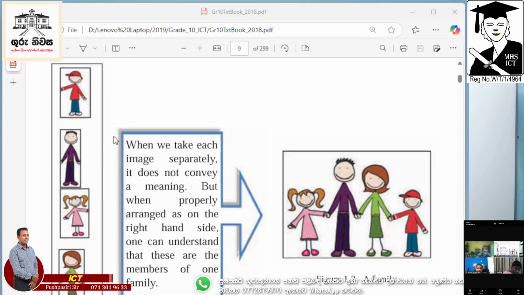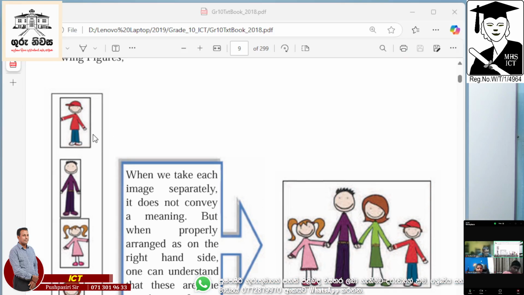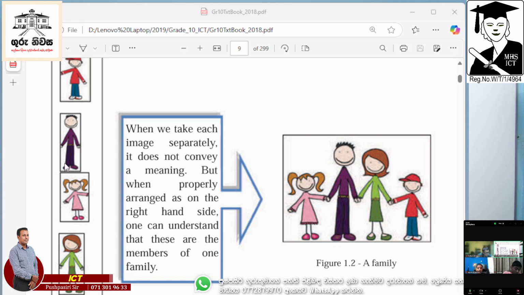There are some children here, and the mother and father are separate. But when they come together they become a family. Right? When we take each image separately, it does not convey a meaning. But when properly arranged as one on the right hand side, one can understand that these are the members of one family.